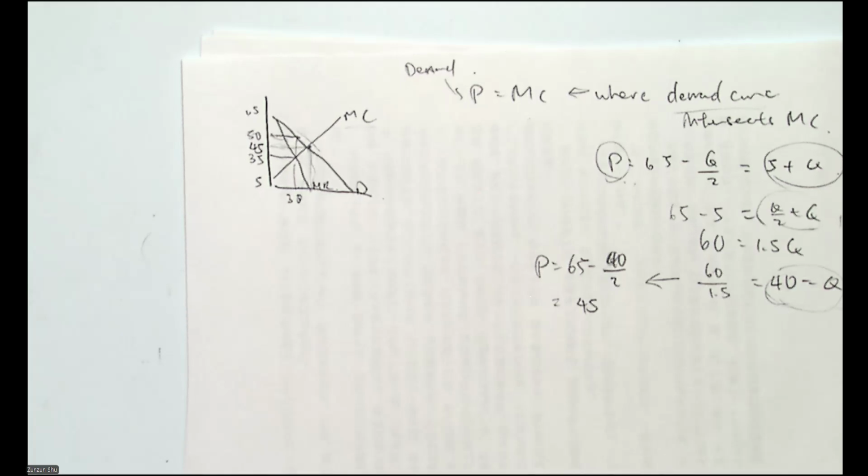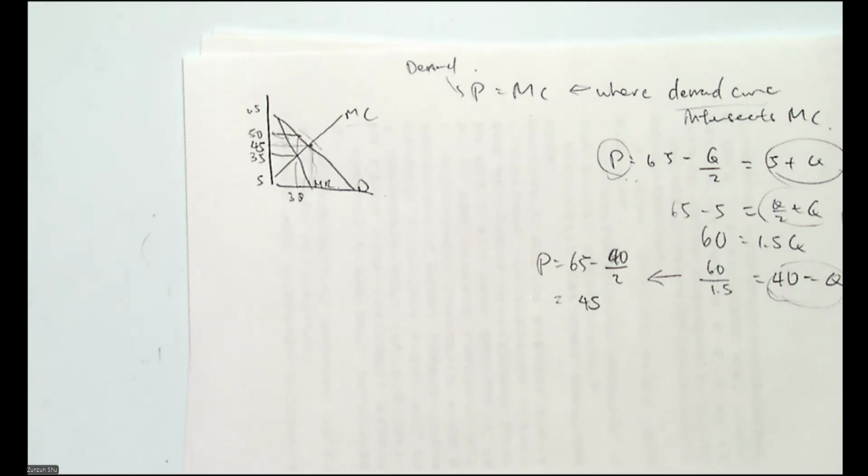And now the reason fundamentally why it's hard, let me say this, is because in a first-degree, perfectly price discriminating monopoly, you charge each customer differently. It's not a single price where you charge everyone the same.